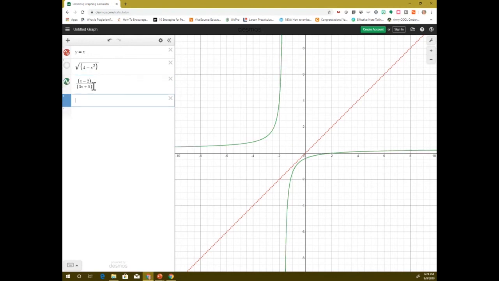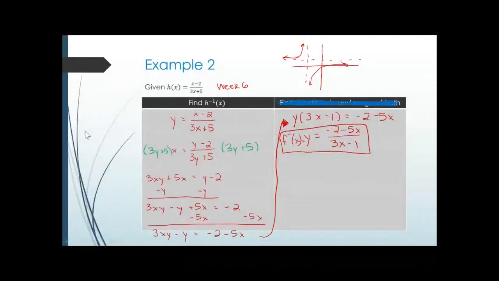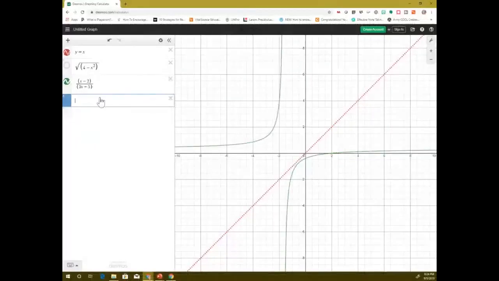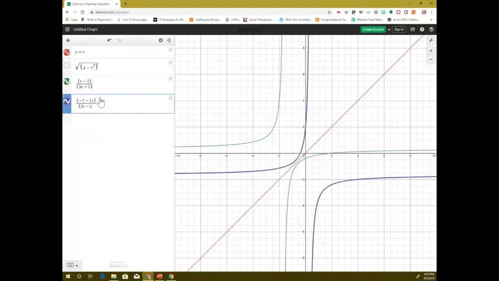So when we solved, what did we get? We got negative 2 minus 5x over 3x minus 1. So now, once you have both the green and the purple in there, you can see that they form a mirror image. So the inverse will form a mirror image across the line y equals x, which is my dotted line. And that's how you know they're inverses, because they form a mirror image.